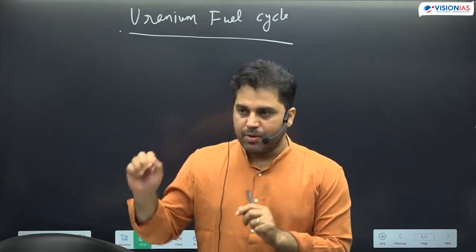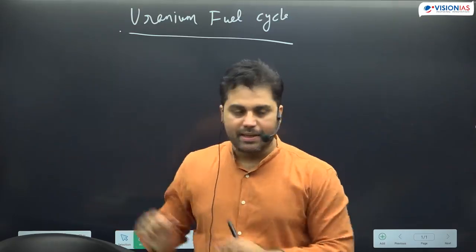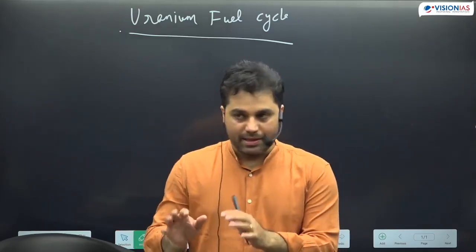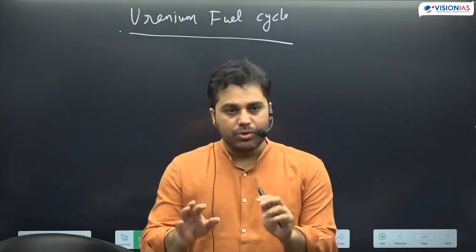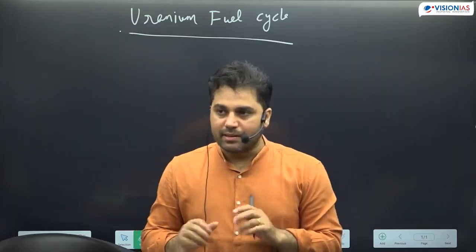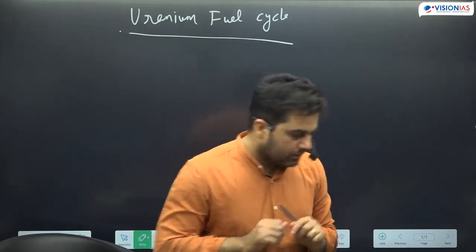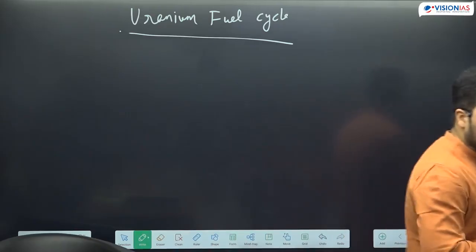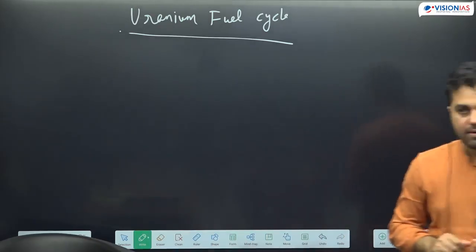Similarly, when we use uranium, whatever is left inside the core of the reactor is waste, but that waste is the most dangerous waste we know of, and we need to manage that waste with utmost care. So all of the processes together we call the nuclear fuel cycle.